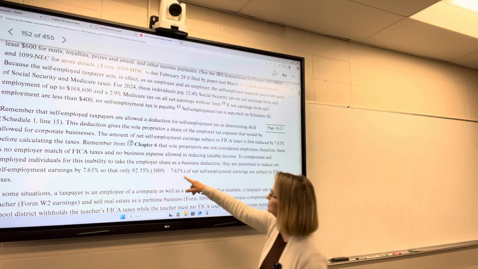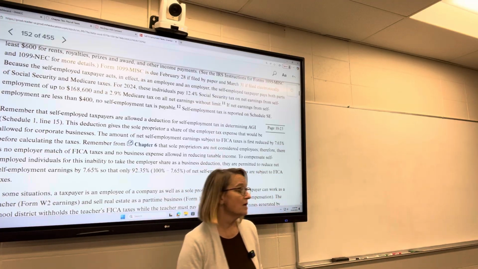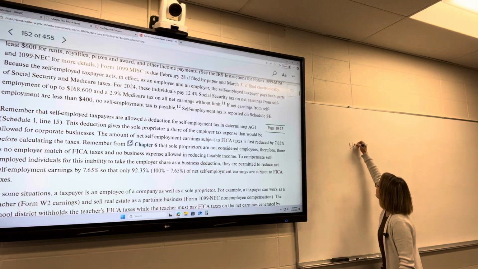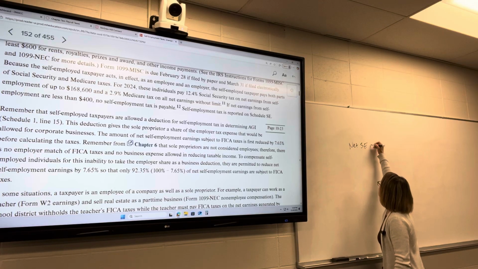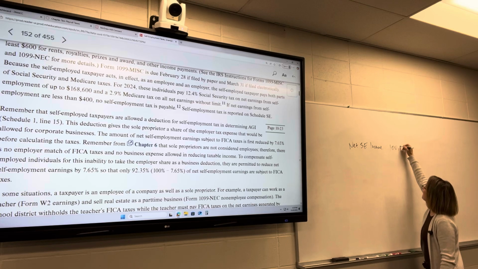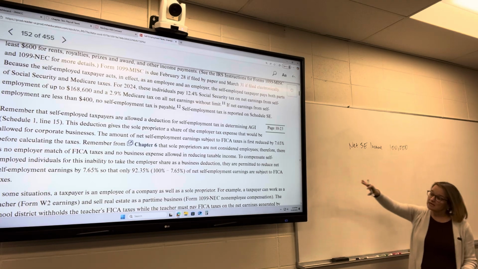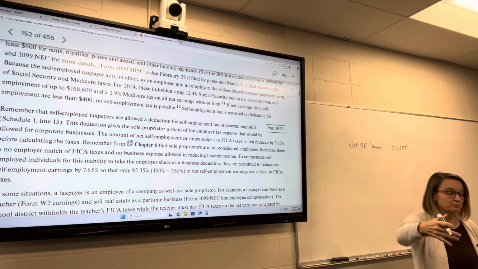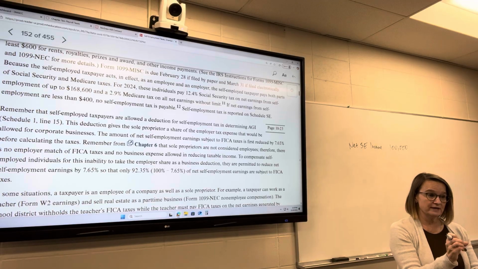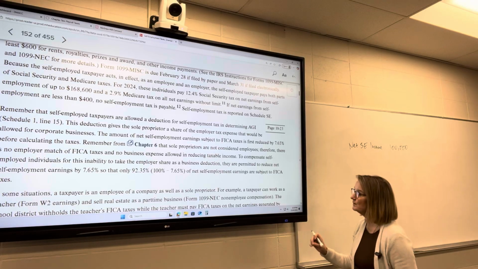We have a deduction of 7.65%. So we total up our net self-employment income, we'll make it easy, $100,000. We get to deduct, before we calculate what our self-employment tax is, not our income tax. We don't get this deduction for income tax, only for self-employment tax.